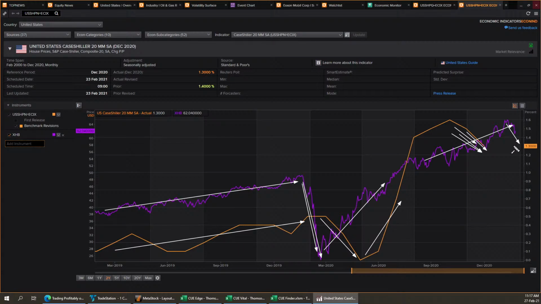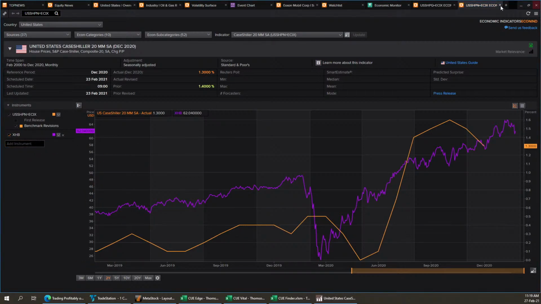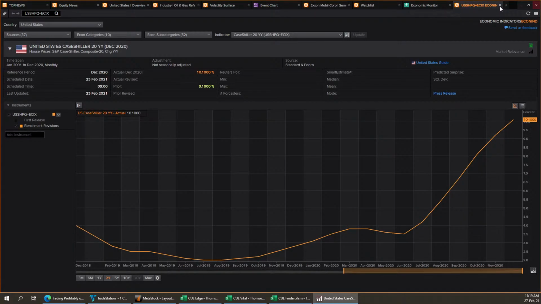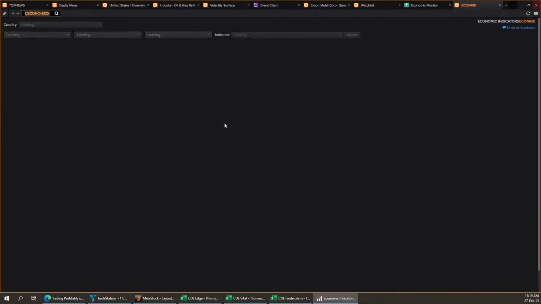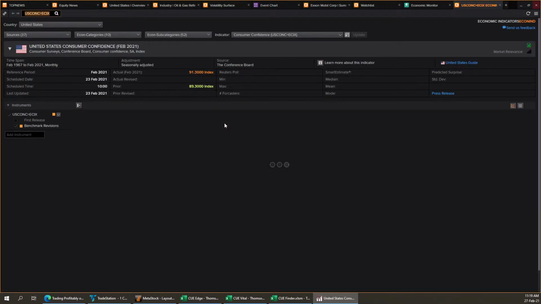Of course, again, our actual trades will be based on Q trade setups and Q exit plans. This is useful background information. This is Case-Shiller. Let's take another example. We have consumer confidence that is related to retail spending.